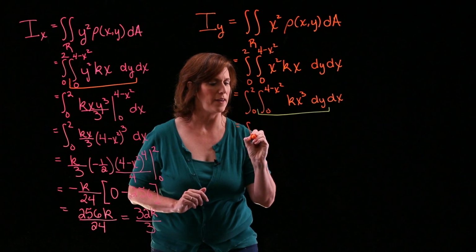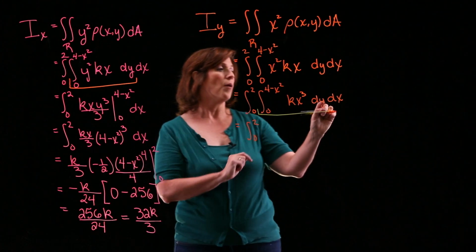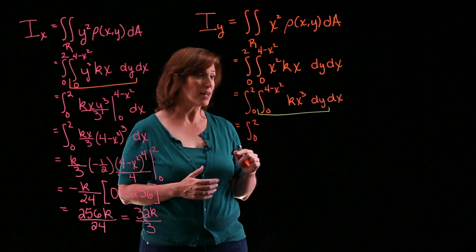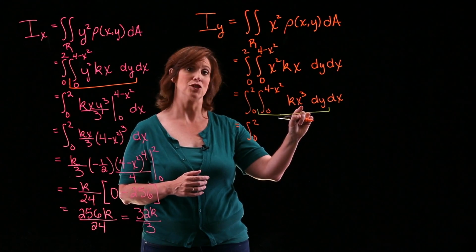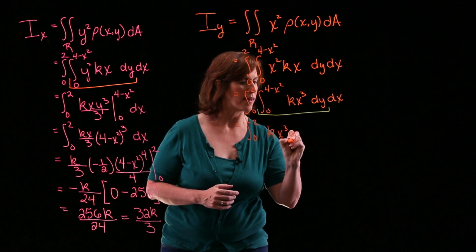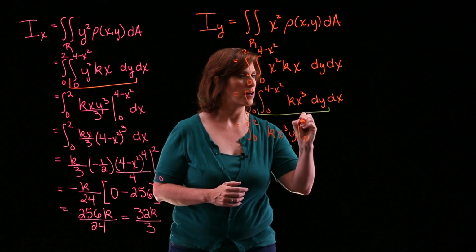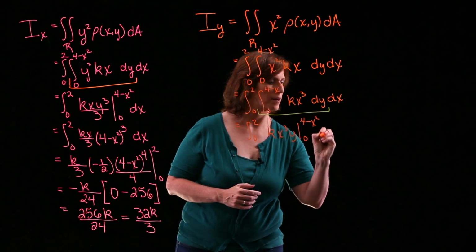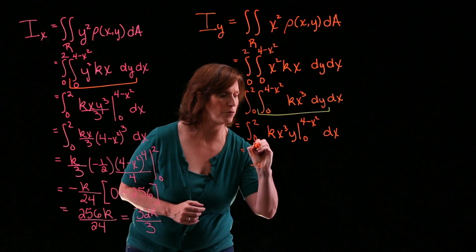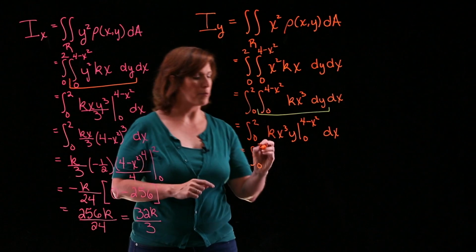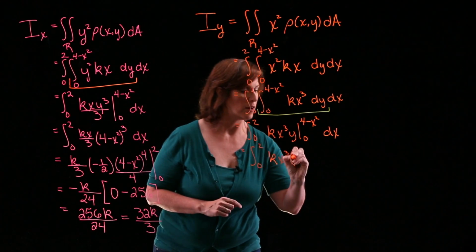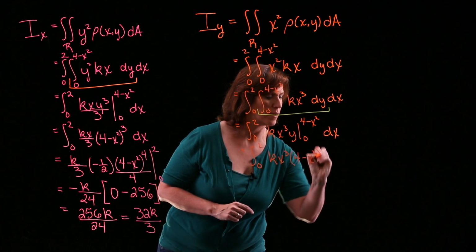So I've got the integral from 0 to 2. Y is going to be my variable of integration, so that means I treat x as if it's a constant. So the integral of kx cubed is going to be k x cubed y, evaluated from 0 to 4 minus x squared, dx. So I've got my integral from 0 to 2. I'll plug in my upper limit, so I have kx cubed times the quantity, 4 minus x squared.